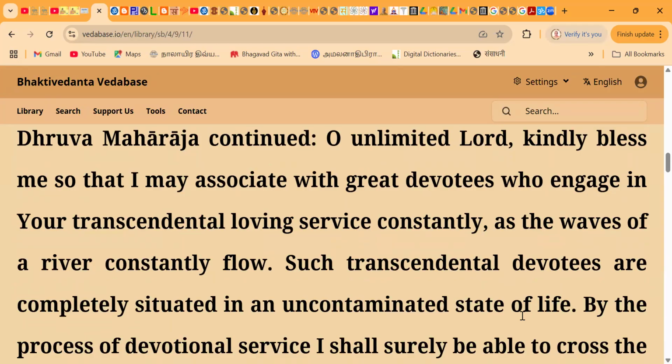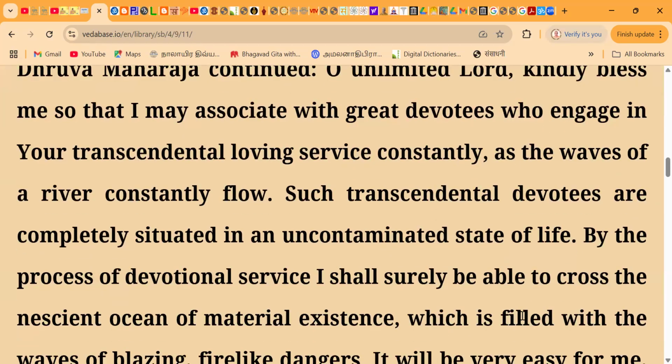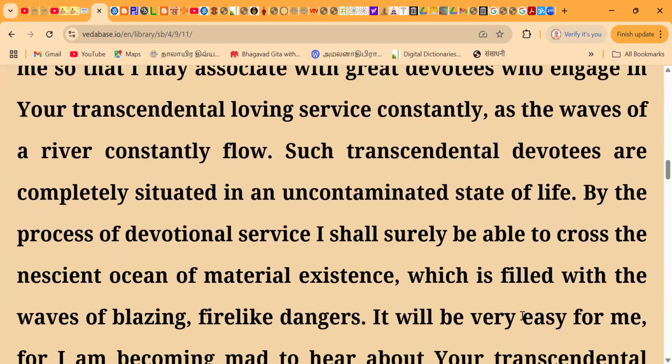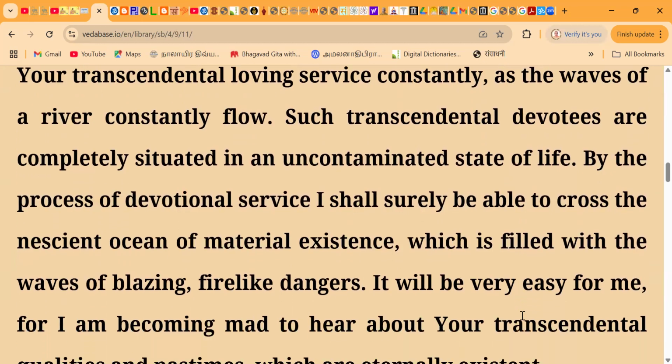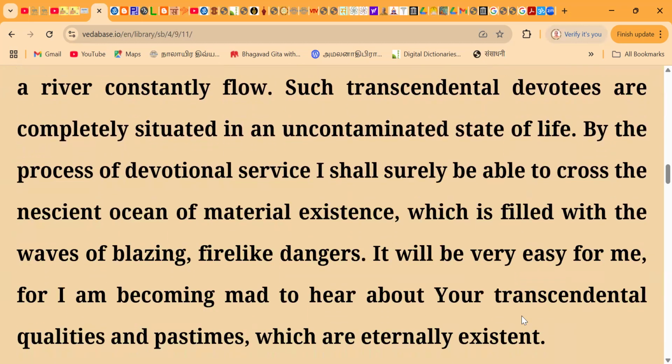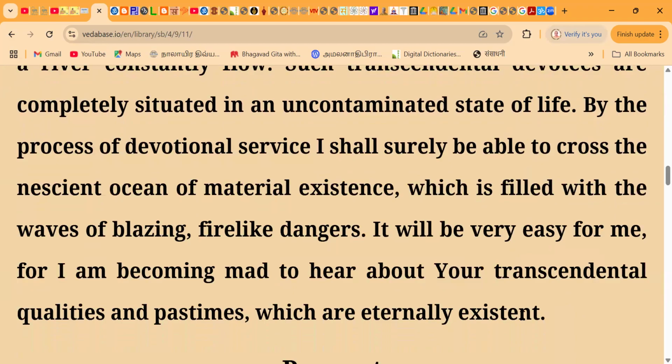Such transcendental devotees are completely situated in an uncontaminated state of life. By the process of devotional service, I shall surely be able to cross the ocean of material existence, which is filled with the waves of blazing fire-like dangers. It will be very easy for me, for I am becoming mad to hear about your transcendental qualities and pastimes, which are eternally existent.